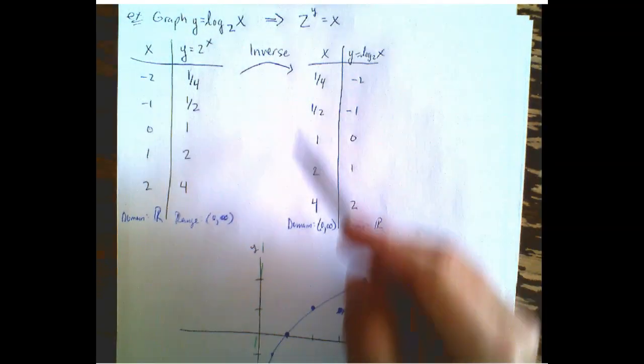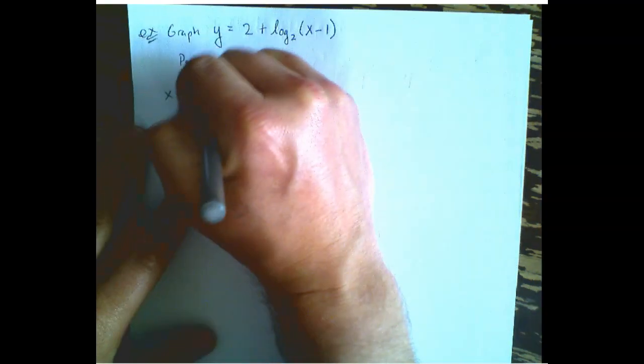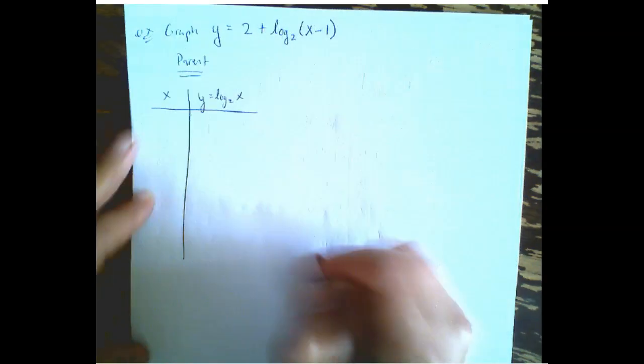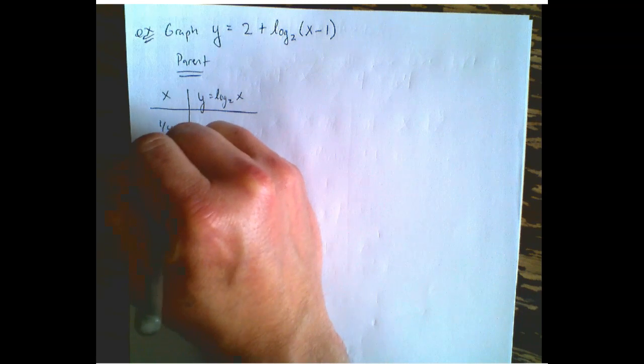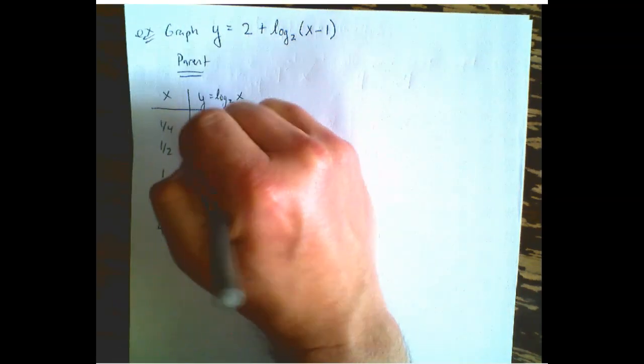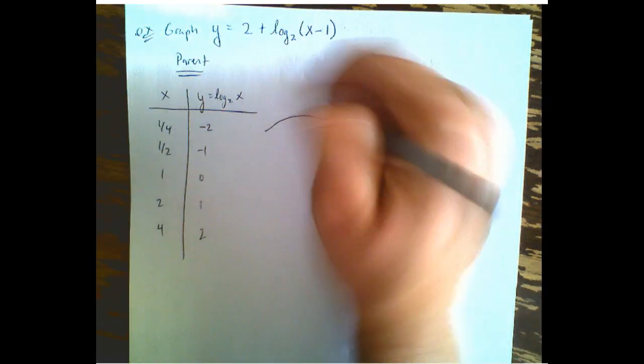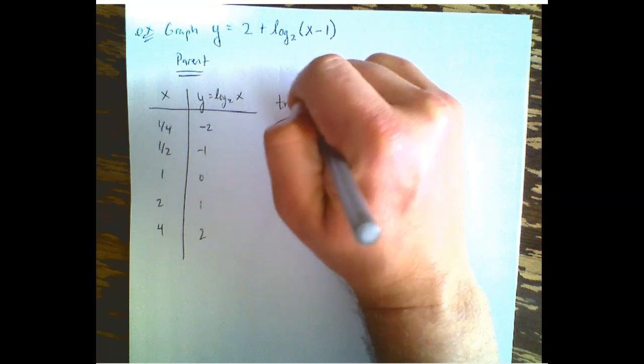So recall that our parent log is this guy right here. So let's do that. So our parent function, y equals log base 2 of x. Just recopying that. And transform this, right? Transform.